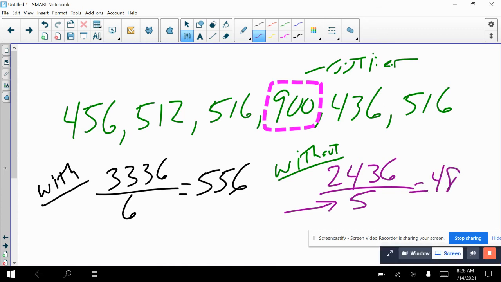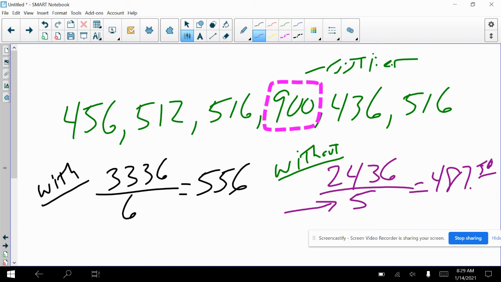Okay, that's 487 and 50 cents, some change there. So look at this. By taking the 900 out, we've dropped over 70 points. That's huge when it comes to the mean.